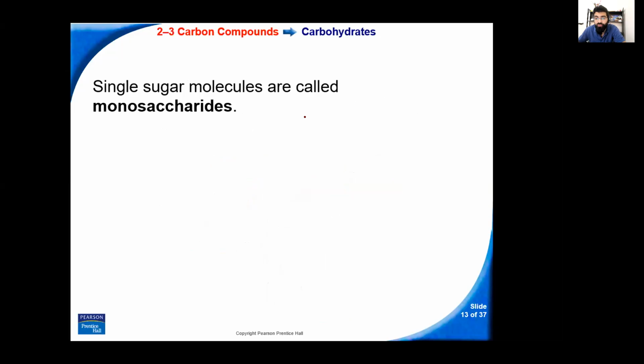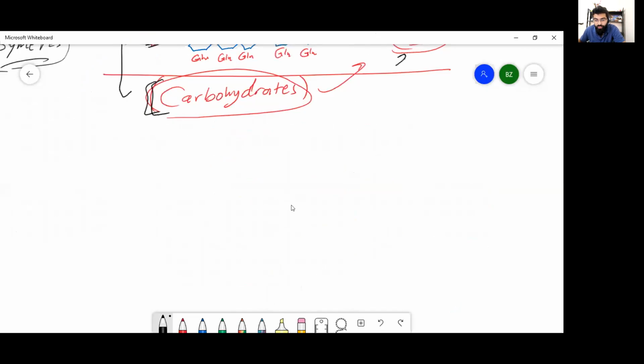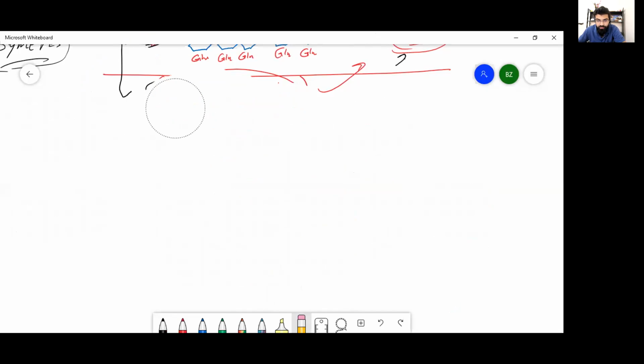Now we are talking about carbohydrates. Remember, we are talking about the family of carbohydrates. I will go to the board to explain it in an easy way. Scientists call carbohydrates the sugars family.